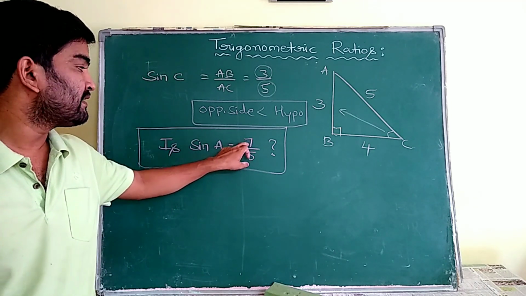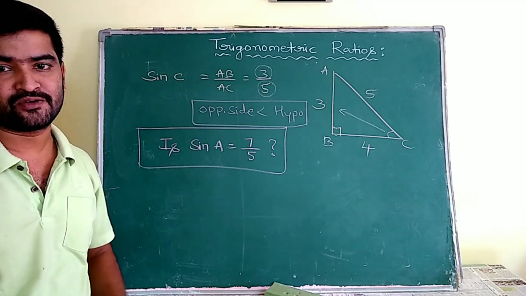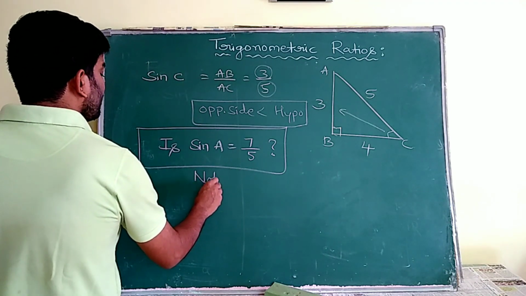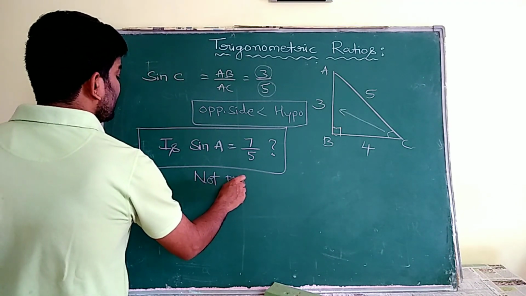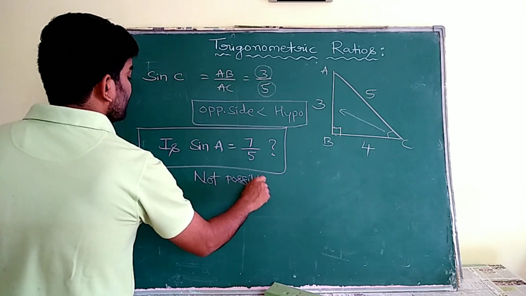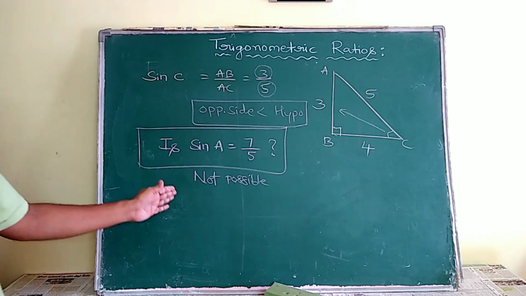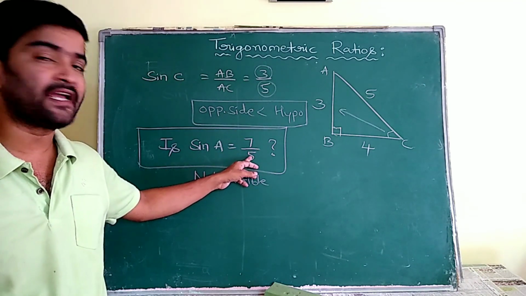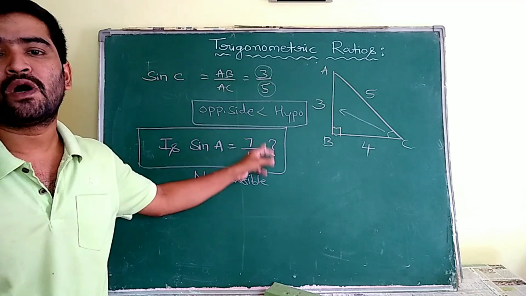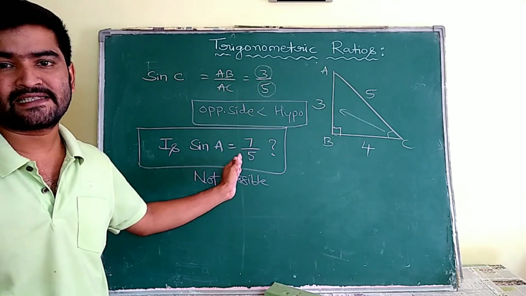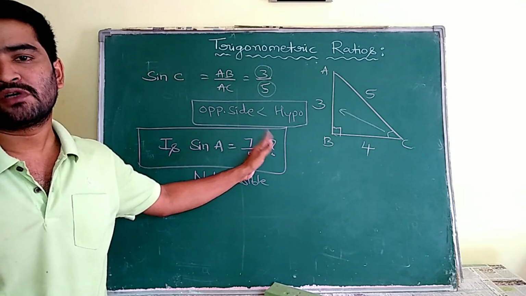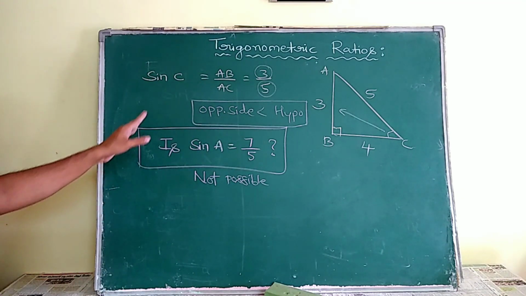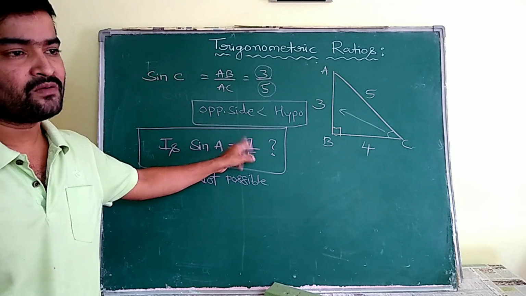But here the opposite side is more than the hypotenuse, so it is not possible, because sine value never exceeds 1. Here 7 by 5 is 1.4, which exceeds 1. So that's why sine is never more than 1.